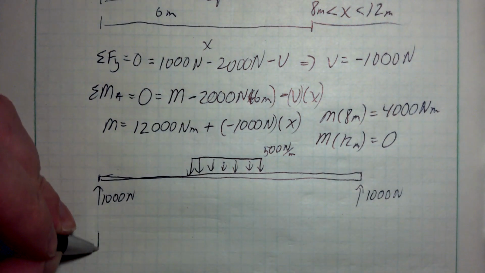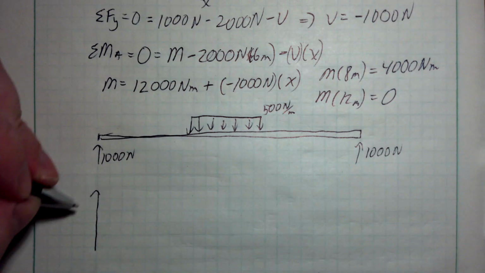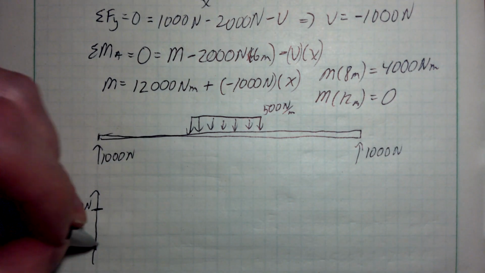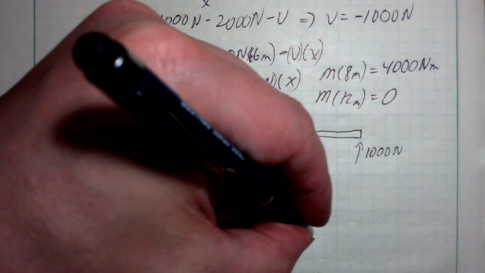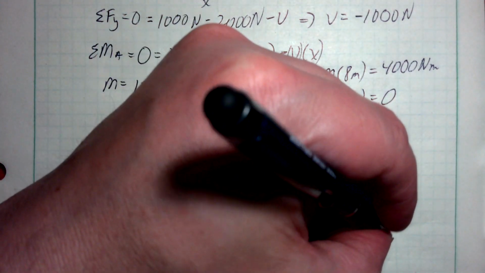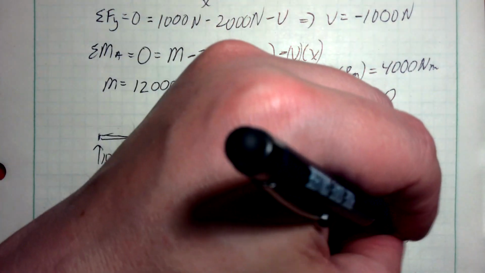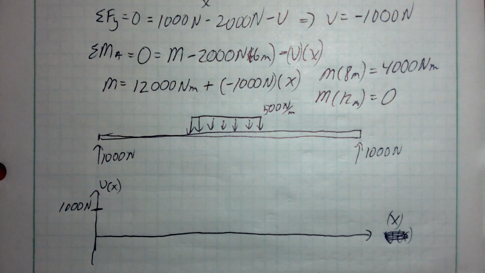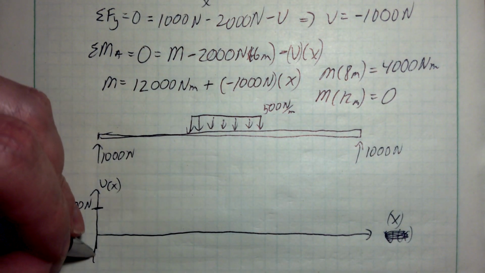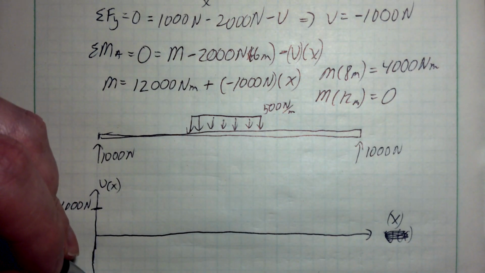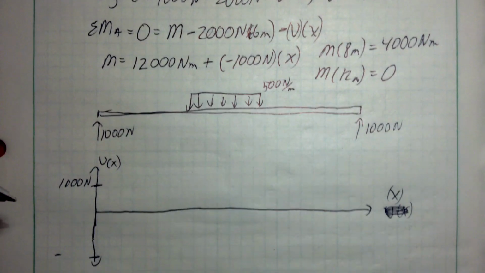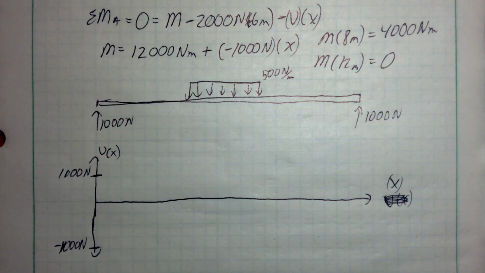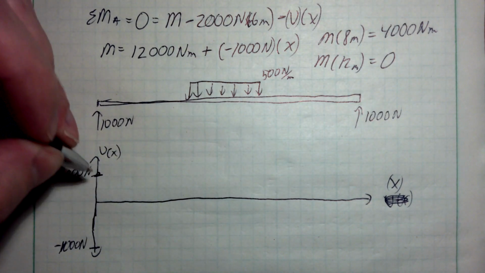If I draw my shear, on the y-axis I'm going to go from a positive 1,000 newtons. I'm sorry, this is my x-axis, and this is my shear as a function of x. And I've got my other limit down here, 1,000 newtons on the negative side. So remember, we started at a constant 1,000.